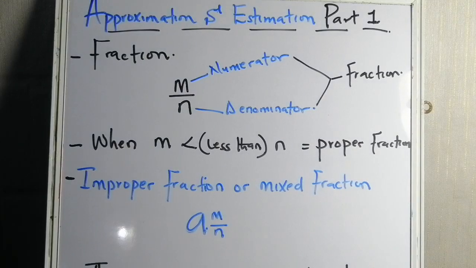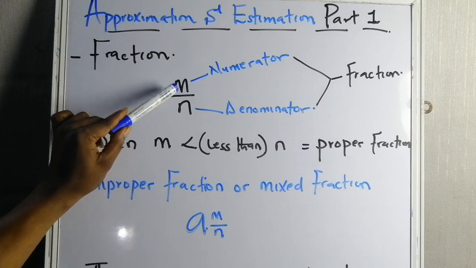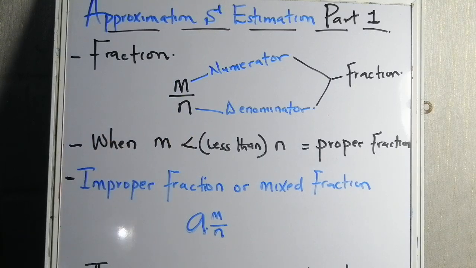Now when we're talking about numerator and denominator, they are both called what? Fractions. Nobody is going to ask you the definition of fraction, but you just need to understand exactly what you're saying and what you're interpreting and what you're solving. M over N is the same thing as numerator over denominator. Both of them are called fractions.